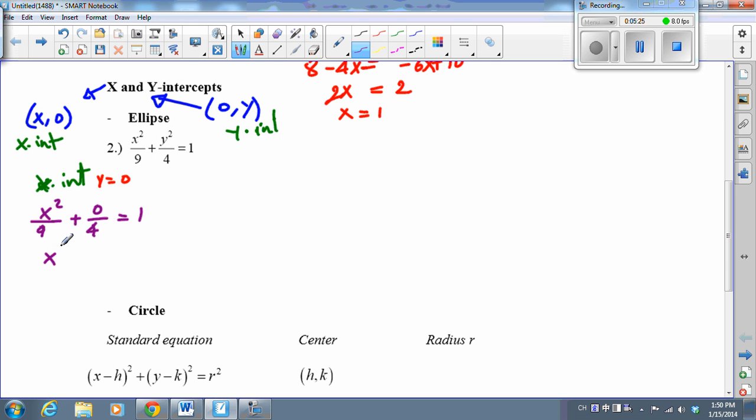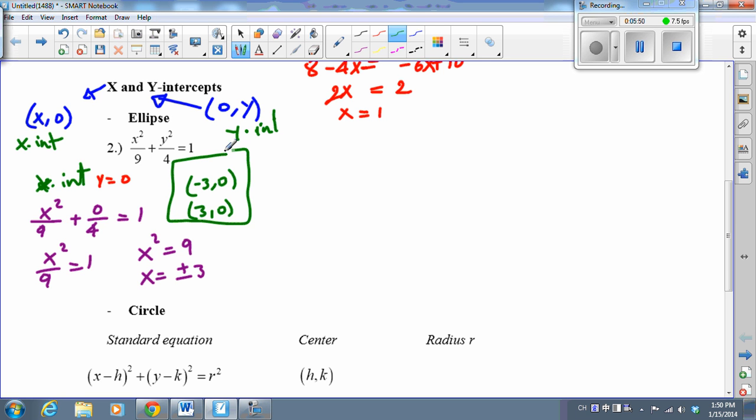In other words, x squared over 9 is equal to 1, or x squared equals 9. The possible values of x are plus or minus 3. So the two coordinates possible are (-3, 0) and (3, 0). This will be your x-intercept.